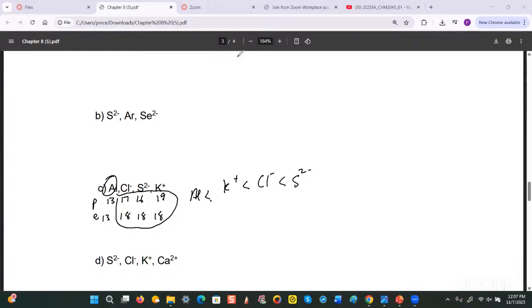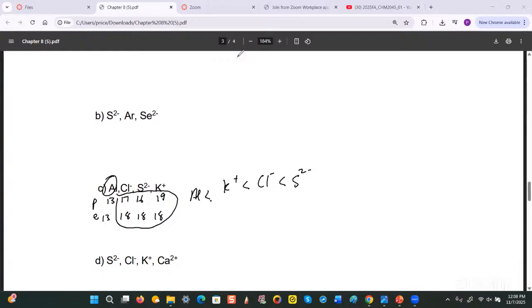Right? Yeah. Hold on, let me rethink that. The atomic size decreases going from left to right, right?